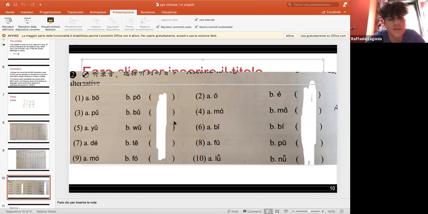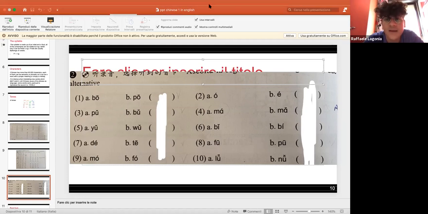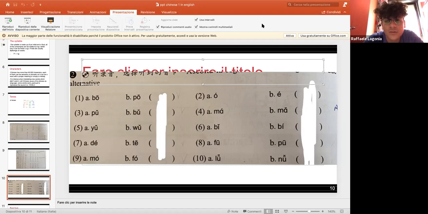Second and third tones are the hardest to recognize. So then we have poo, the 8. No, the 8 is poo. So I didn't pronounce the sound F. It's poo. So it's B.